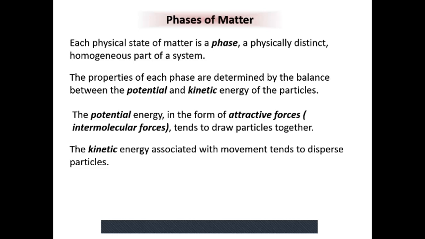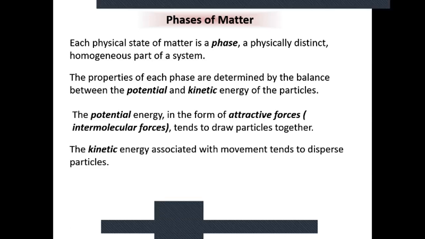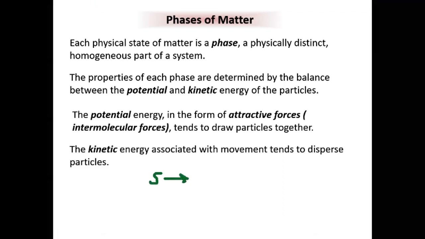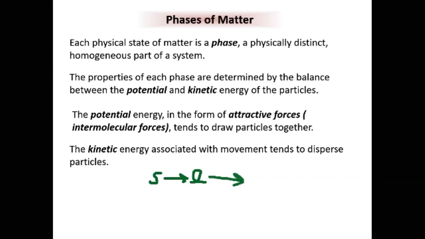So for example, when we take ice and we heat it and it becomes water, we're weakening the intermolecular forces, aka decreasing its potential energy and increasing its kinetic energy. So if I was to draw the three states of matter, say we have a solid, then it goes to liquid, and then it goes to a gas.